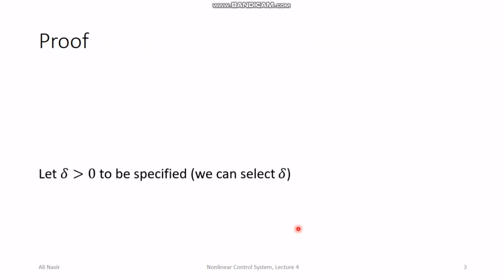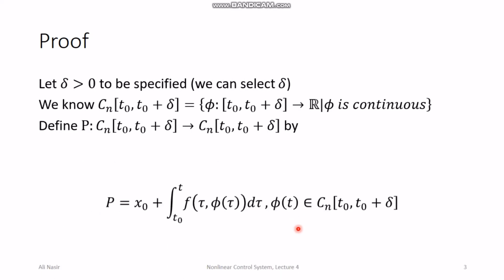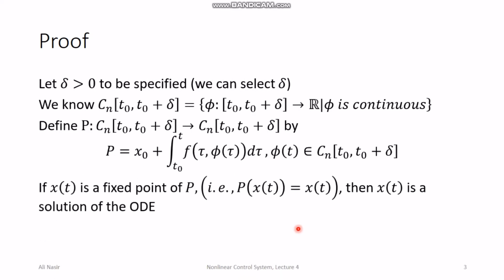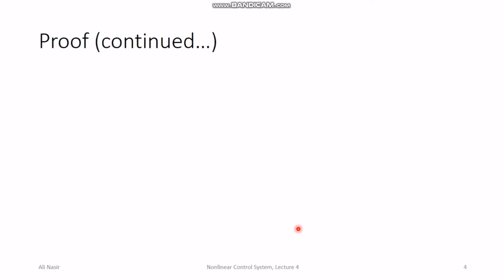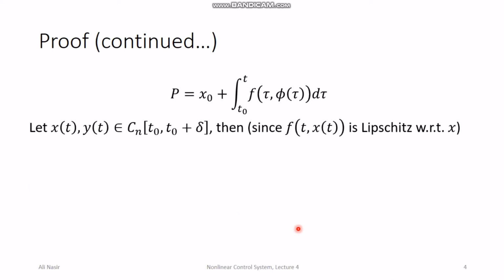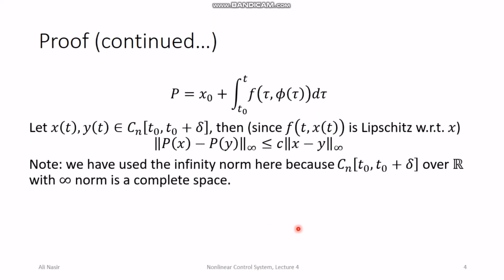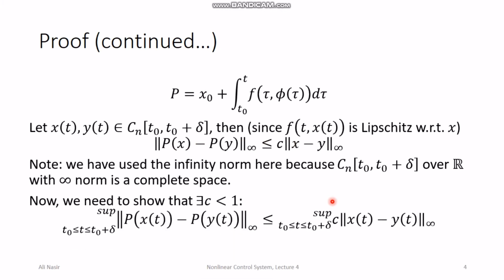For proving the theorem, we defined a function, and we said that if this function is a contraction, then the solution will exist. And we proved the function to be a contraction by using the Lipschitz property of f of x, and that for p of x, the Lipschitz constant, if it is less than 1, then it is a contraction, and this has to be true for all the t in the interval from t naught to t naught plus delta.